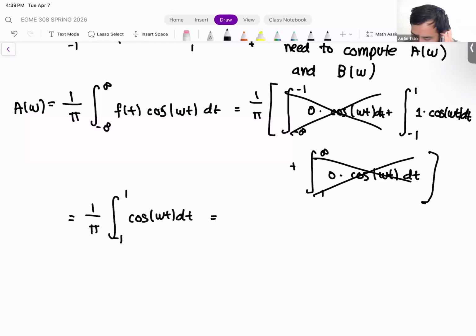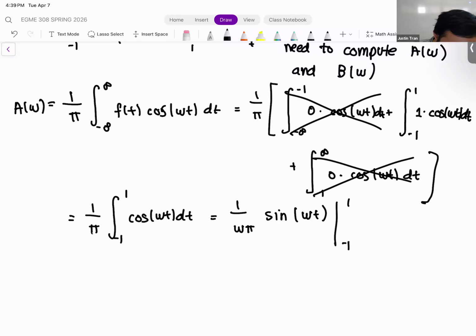Okay. So let's go ahead and perform that integral. That integral there is going to be 1 over omega times pi sine of omega t, and we're going to evaluate this from minus 1 to 1.